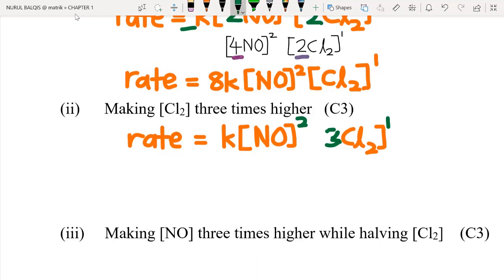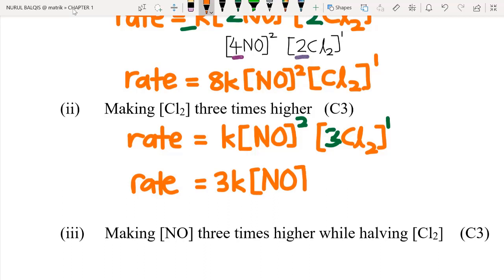So we have 2. Okay. So now we have this 3 raised to the power of 1, so it will become 3, right? So then we can simply write the rate law as rate is equal to 3K NO to the power of 2, Cl2 to the power of 1.